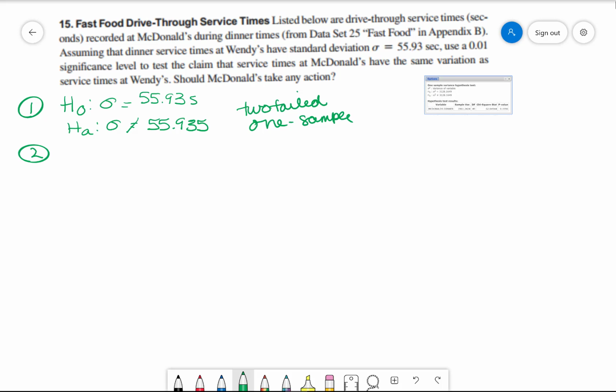Step two, I'm going to put in my alpha level, which is 0.01. And step three, I can go ahead and summarize my data.